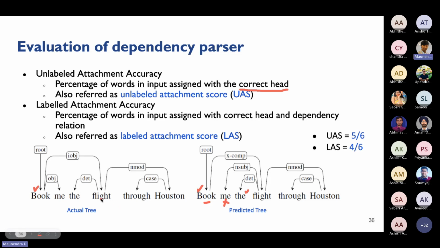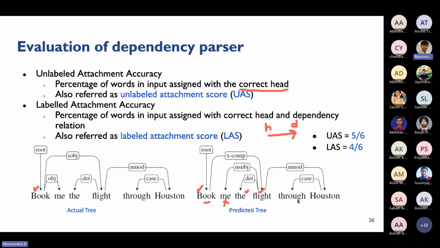Here also for flight, sorry, for the word flight, the head word is book. Yes. So here also for flight, the head word is book. So that is matching. Edges are from head to dependent.